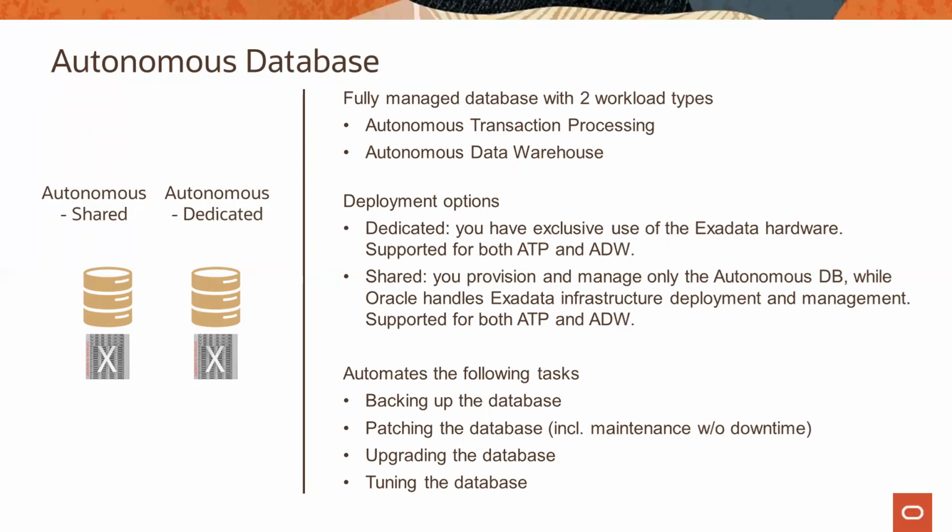Shared is when you just get an autonomous database, but the Exadata infrastructure is shared between different customers. What features are already automated in an autonomous database? It does automatic backup, automatic patching, upgrading, and automatic tuning. Everything is almost automatic.